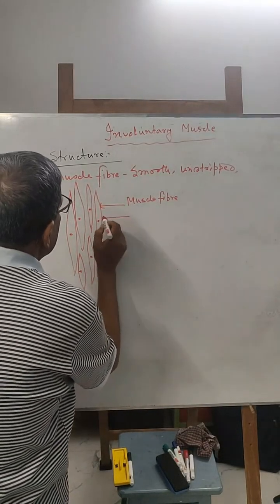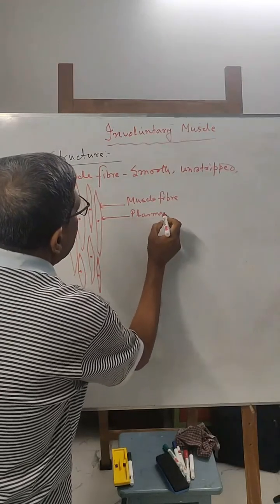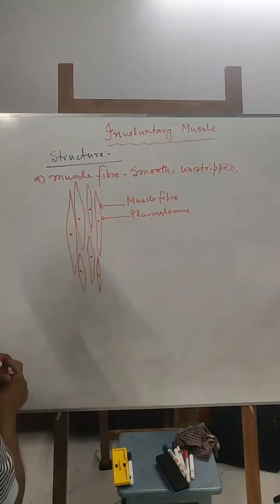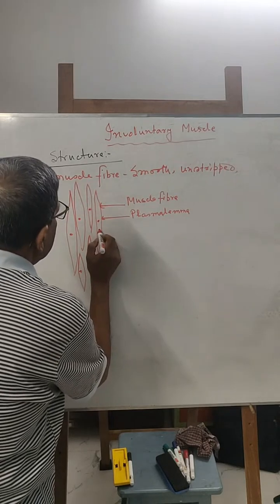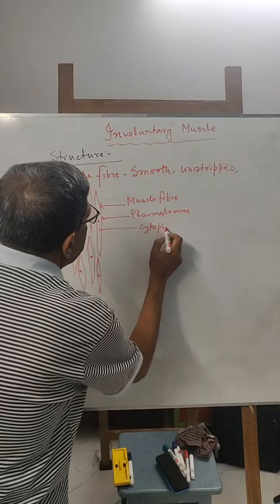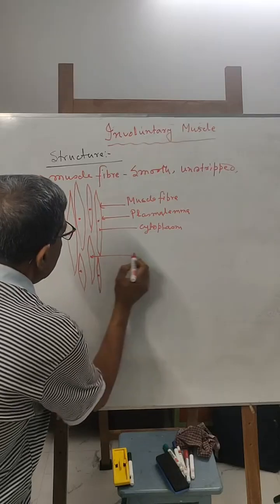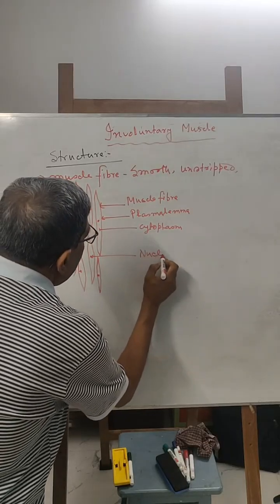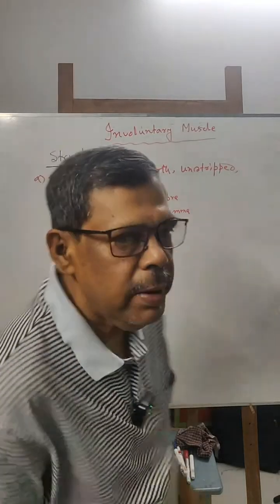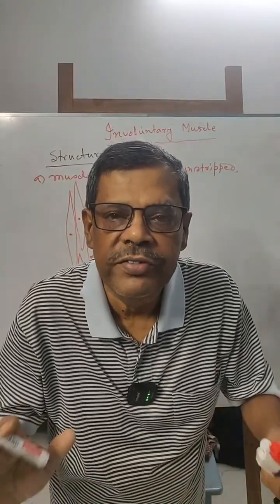This is the plasmalemma. That is the cytoplasm. That is the nucleus. It may be found in sheets. Generally, it is found in sheets.